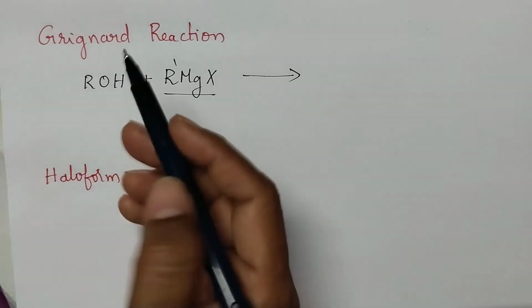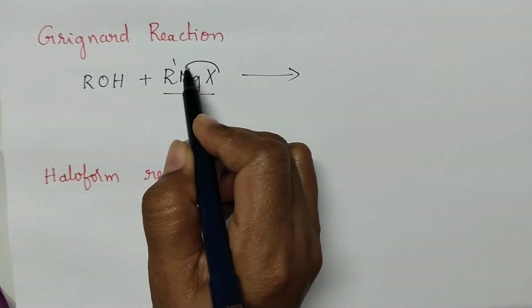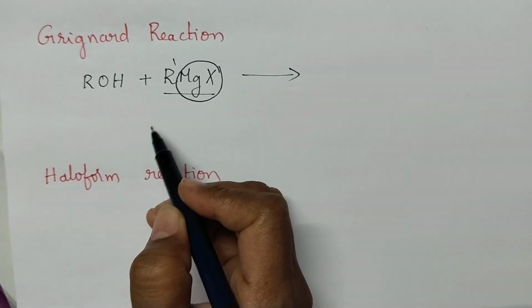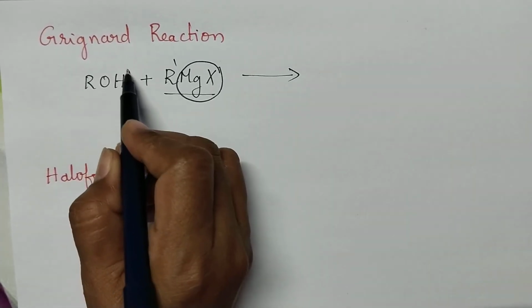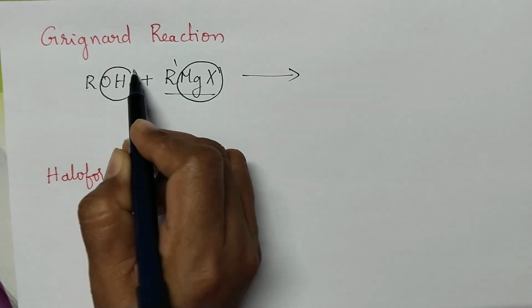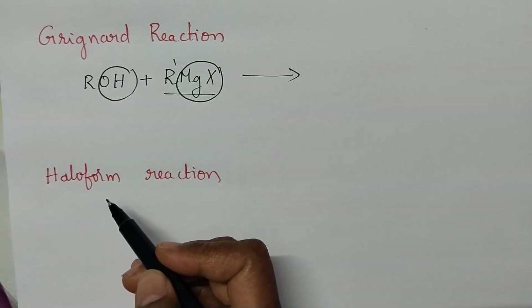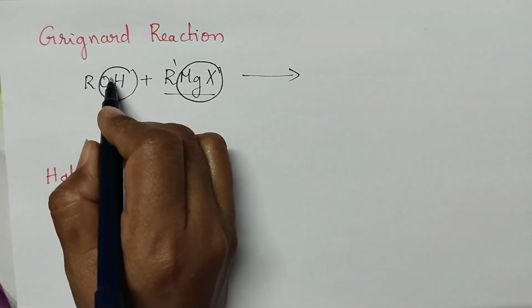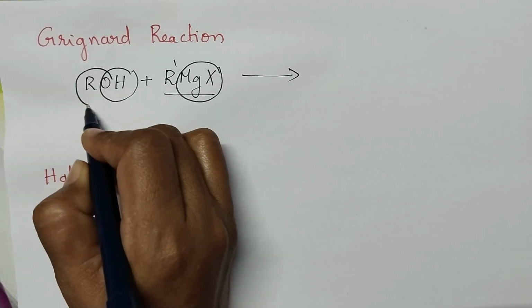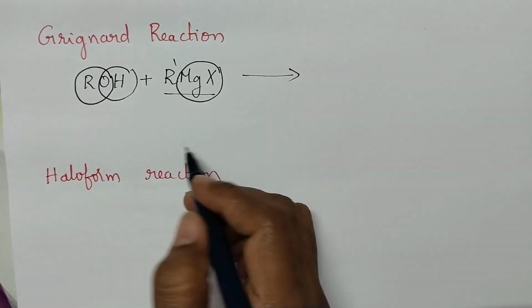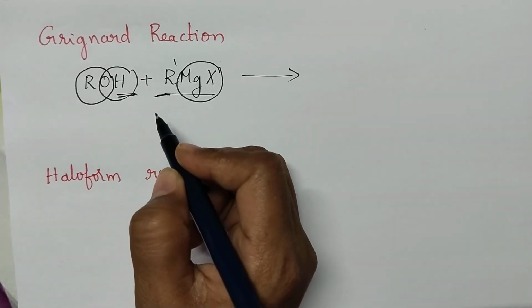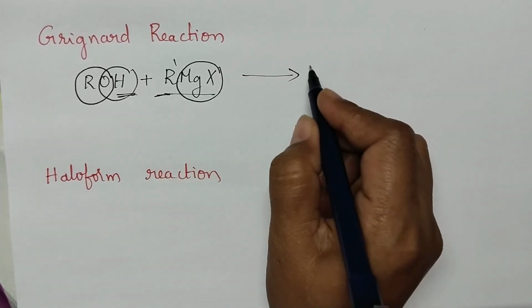Here what happens? MgX will react with OH, and then what happens? It reacts with the OR group, so that it results in the formation of hydrocarbons.